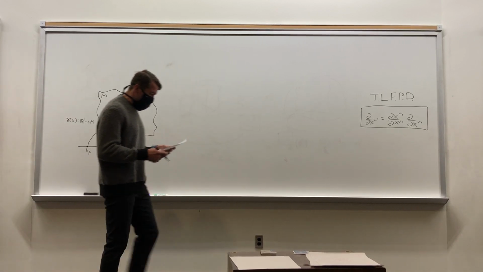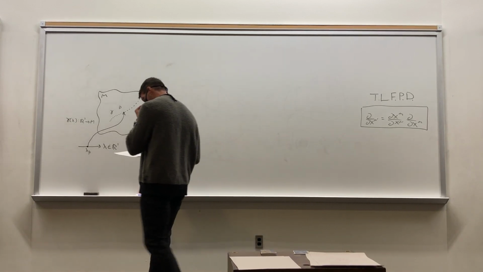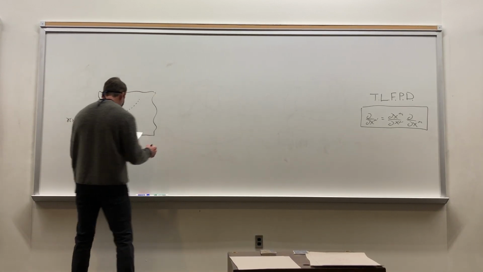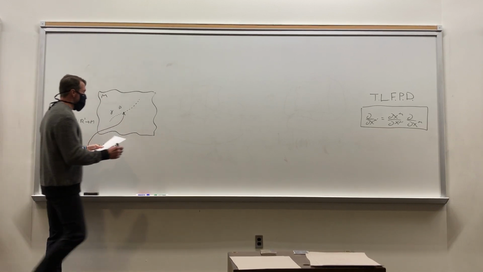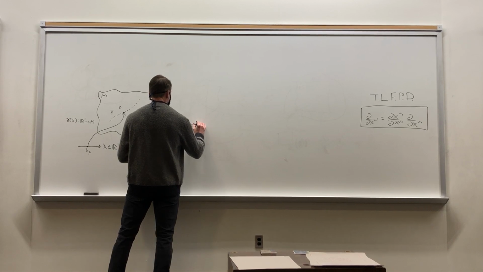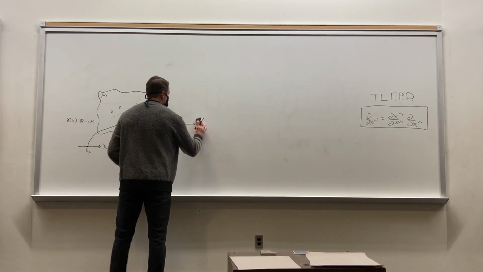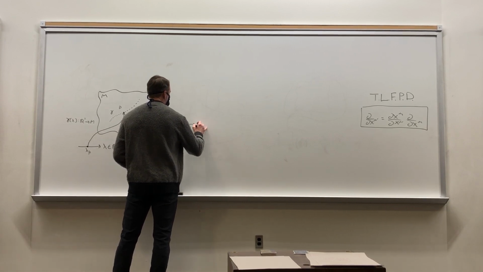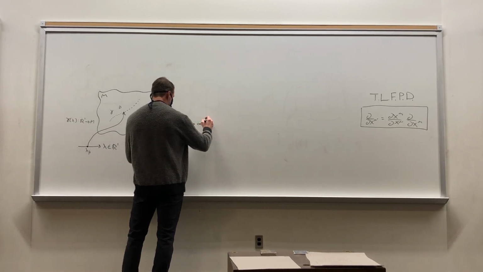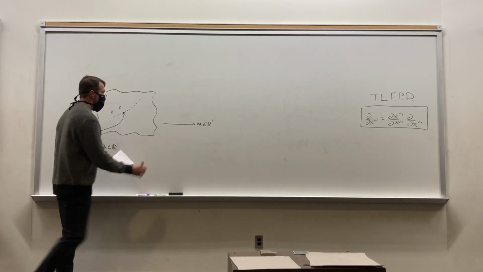Now, what we can do is we can add in a second map to R1. And in this case, we'll call the parametrization of this line by alpha. Okay?